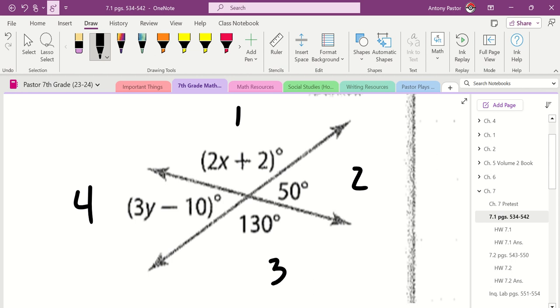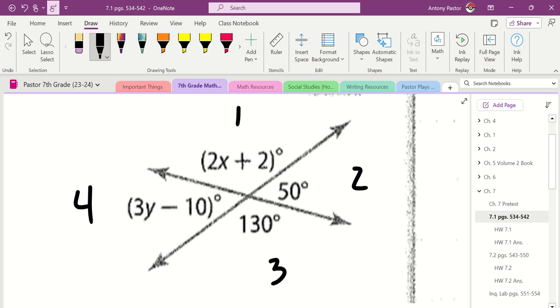Do we know what angle 1 would equal just by looking at this? What would it equal? Without even having to pick up a pencil. What would angle 1 equal? I'm gonna give you a hint. It's on the board. So remember, for vertical angles, they equal each other.